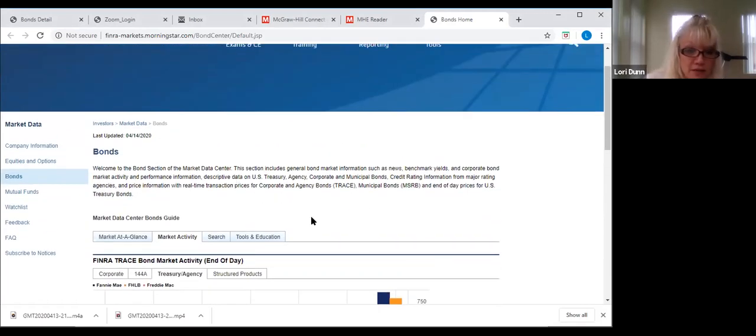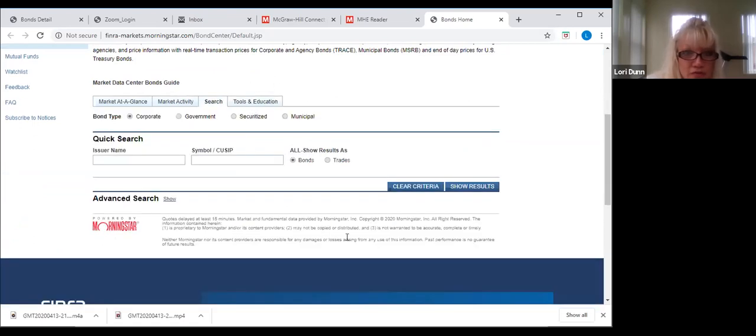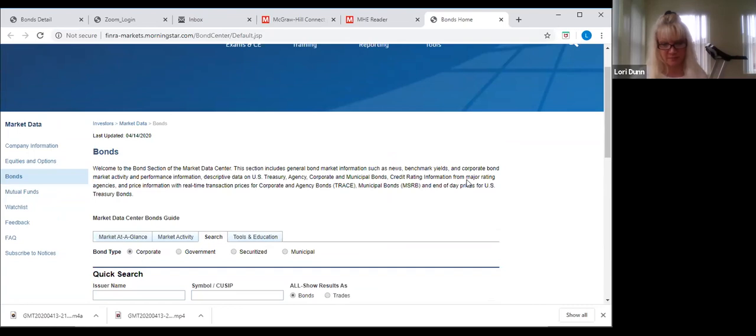It's available now where before it wasn't. If you want to learn more about bonds or do a search, you can do a search for bonds in here as well by corporate, government, securitized, and municipal even. So all kinds of bond issues are out here and information related to them.